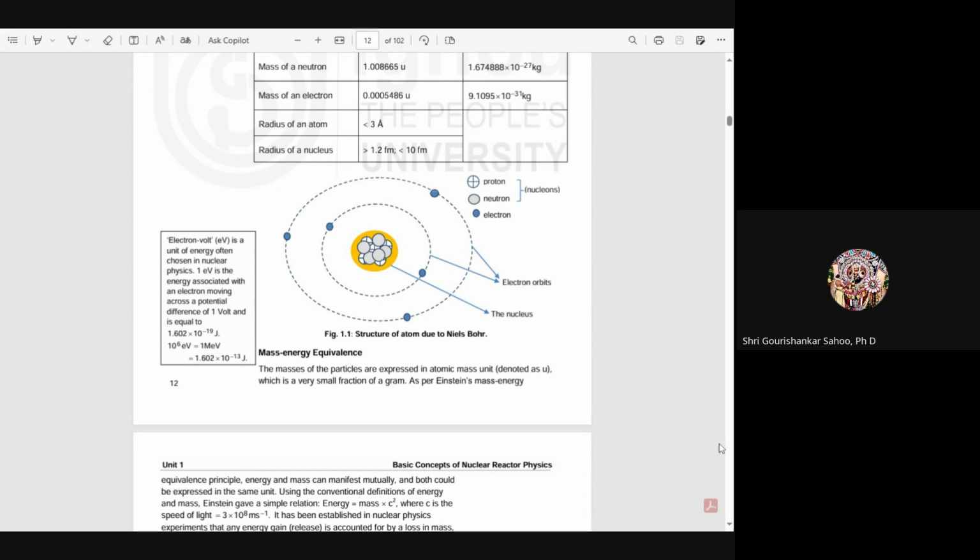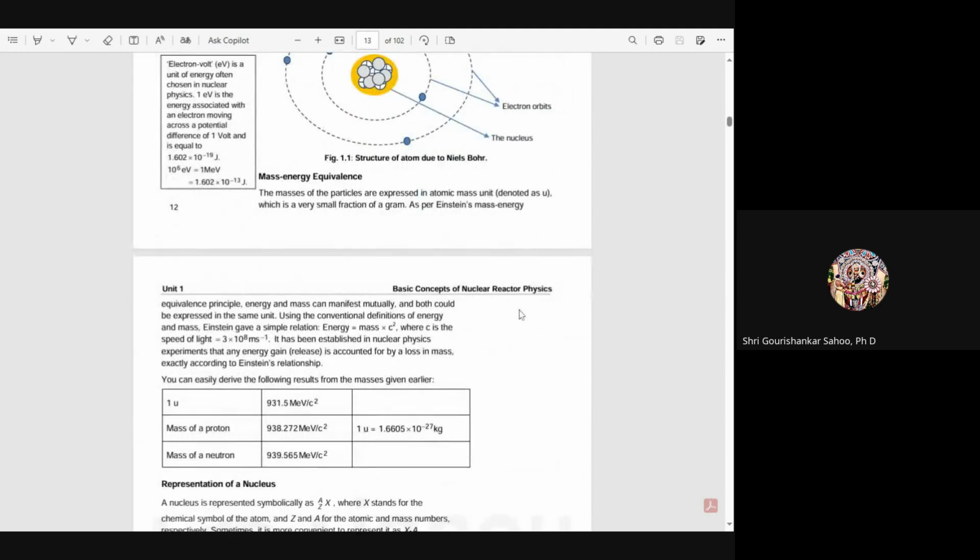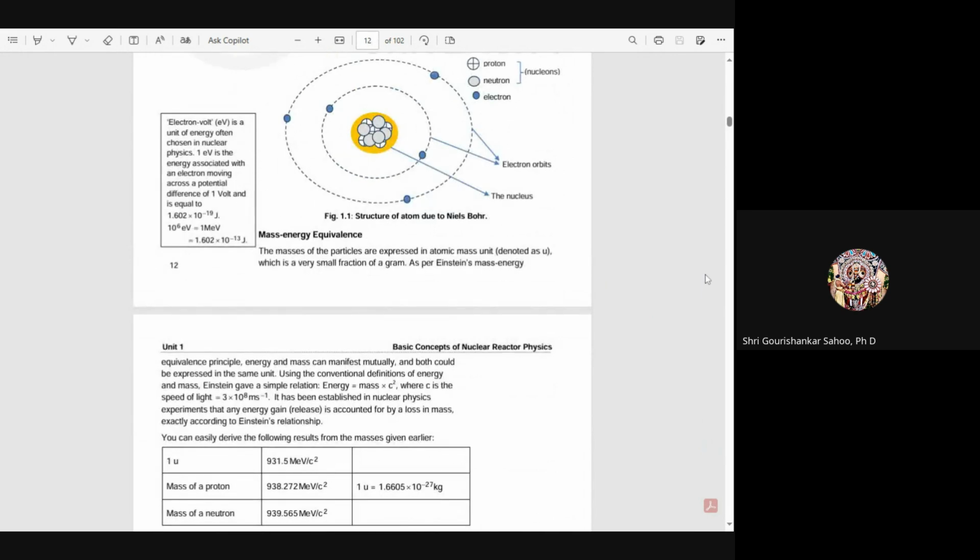So there is a mass-energy equivalence, and Einstein proposed this equivalence, and it is popularly known as mass-energy equivalence.